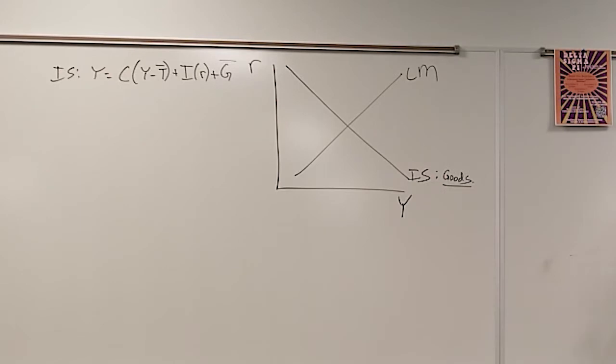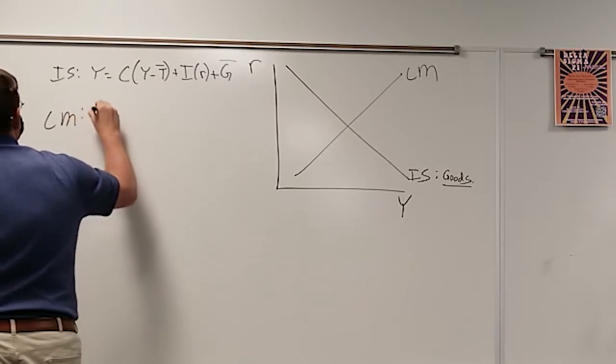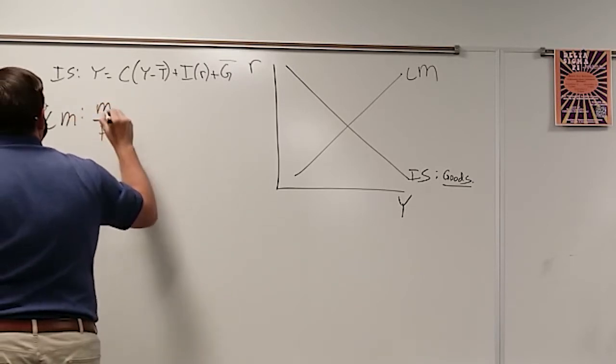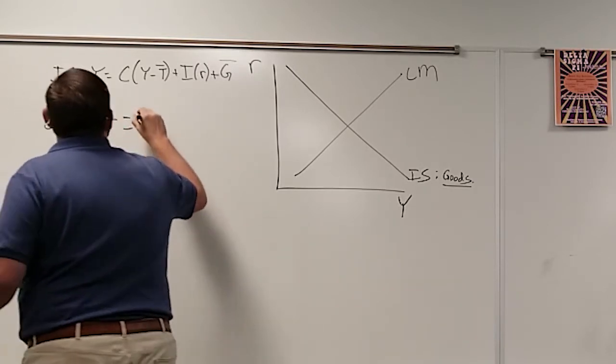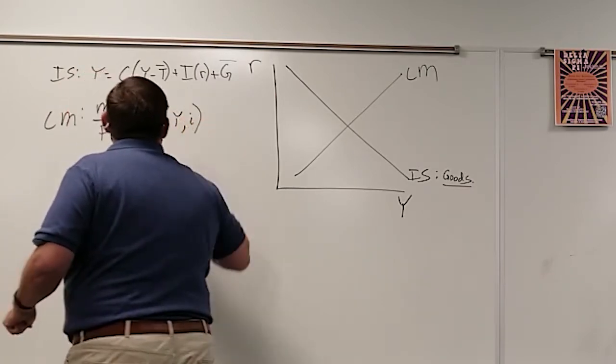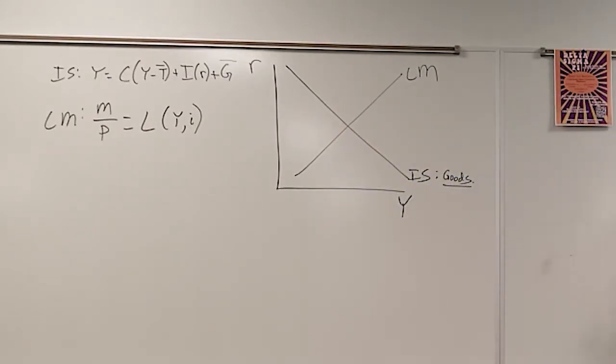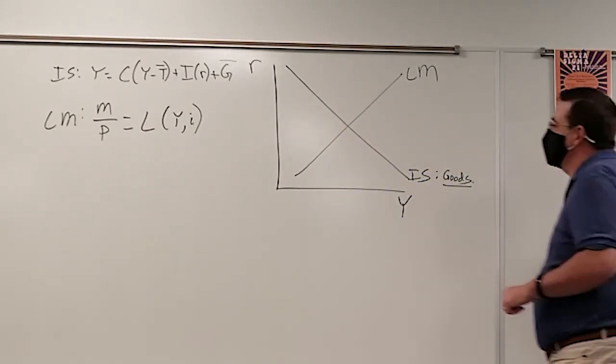LM has to do with the liquidity preference for money, or the money market equilibrium. And in that equation, LM is M over P equals some function of Y and I, or we could call it R, I suppose.